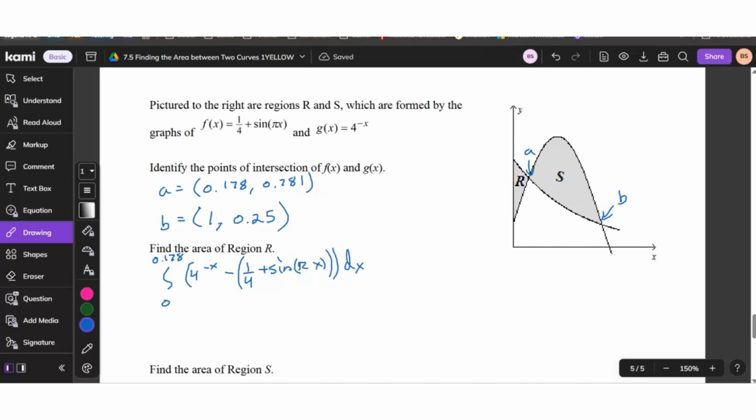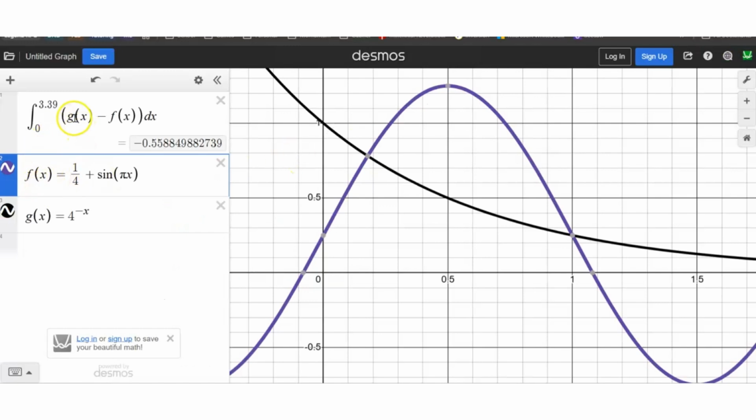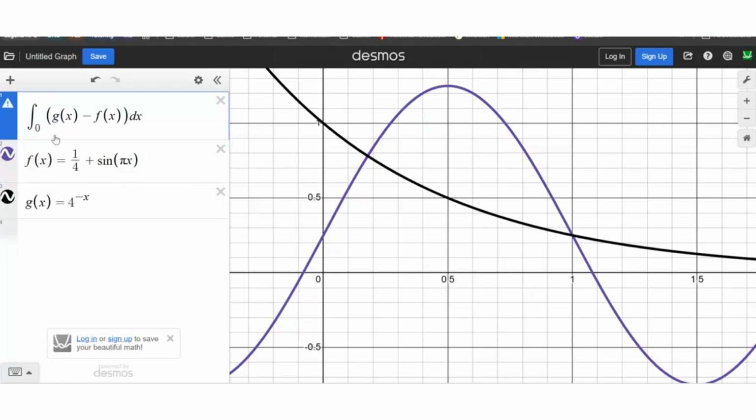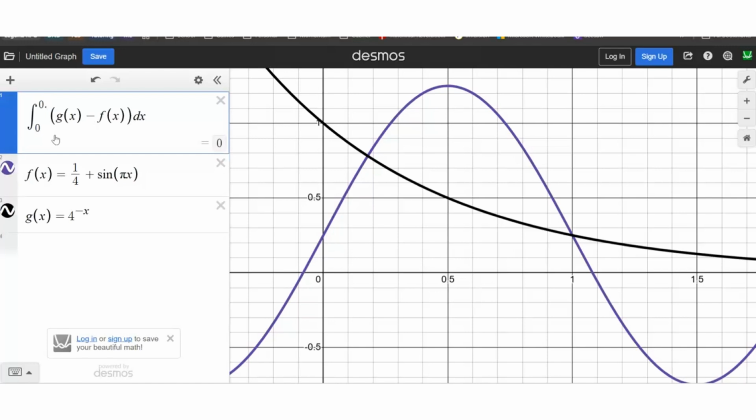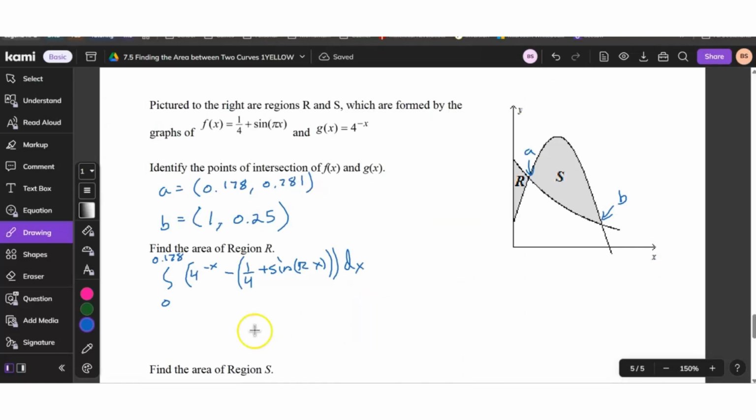Thankfully, because we defined them this way, we can just write g of x minus f of x from 0 to 0.178, and we get 0.065.